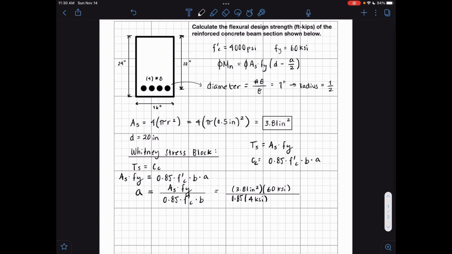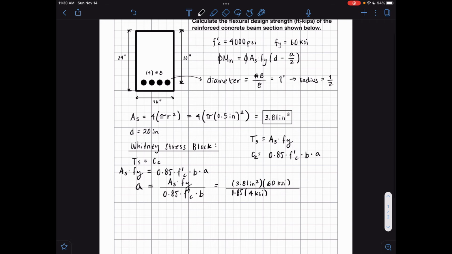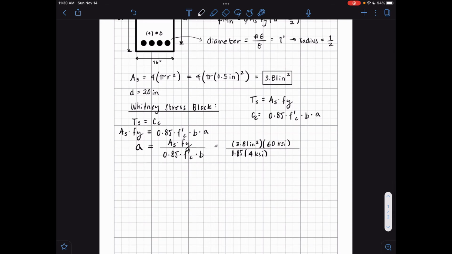That's also given over here. And then b, which is the width of the concrete section. If you look over here, b is simply 16 inches. And so a is going to turn out to be 3.46 inches. So let's go ahead and box that.